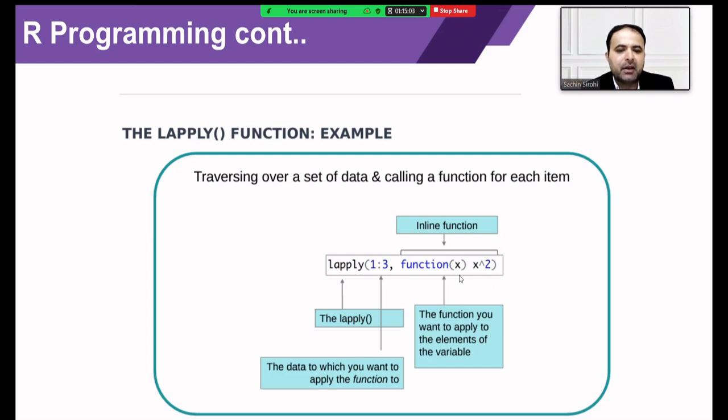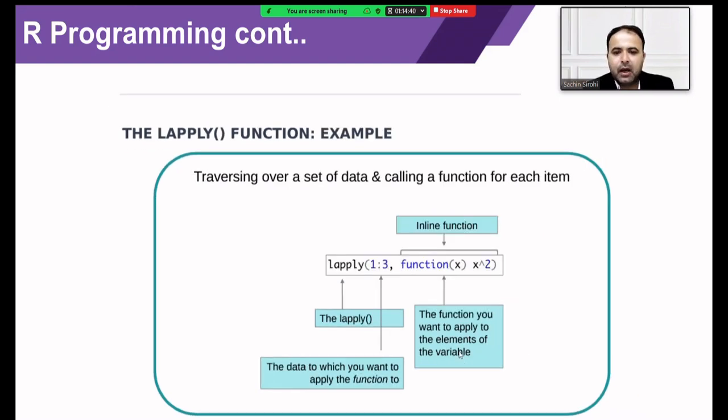Whenever I pass a value to the function, it will just power them, x power 2. And after that, it will return the value. So the data which you want to apply the function to, the function you want to apply to the element of the variable.